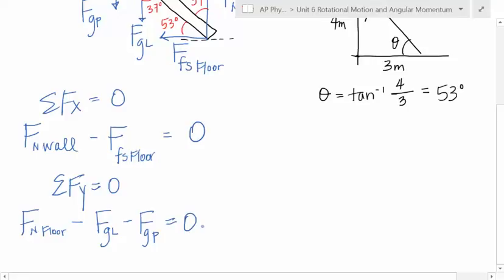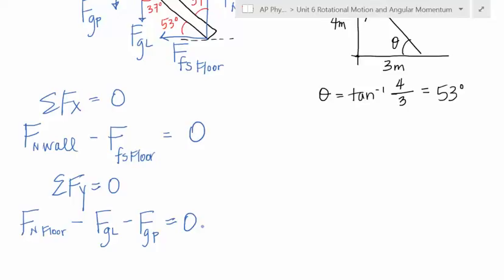Now, the new piece to this is the fact that all these forces aren't acting at the same place. And if you climb this ladder, you're moving the weight of the person to a different position with respect to the pivot point on the floor, the place where it might slide.